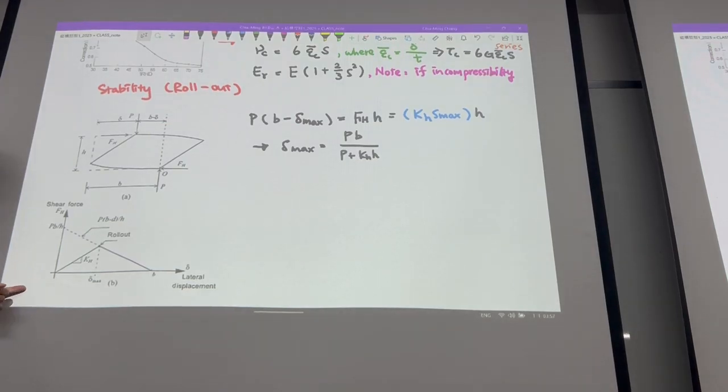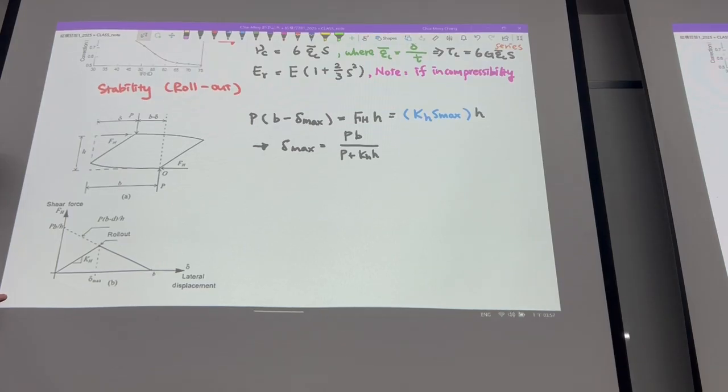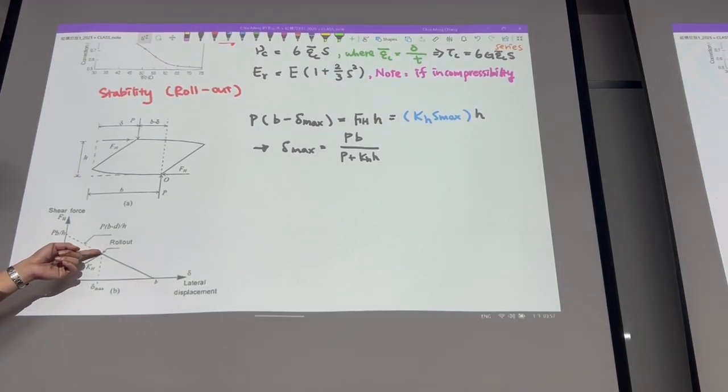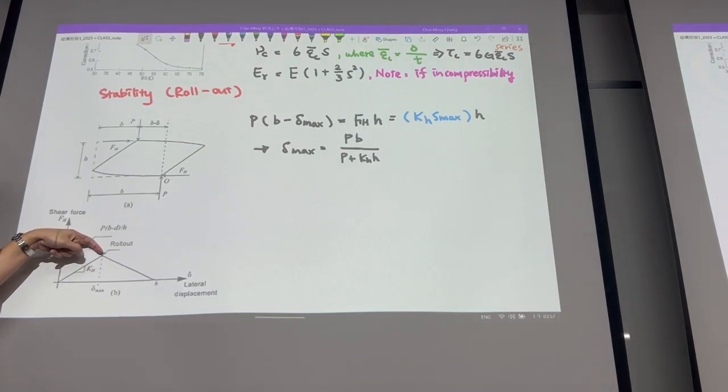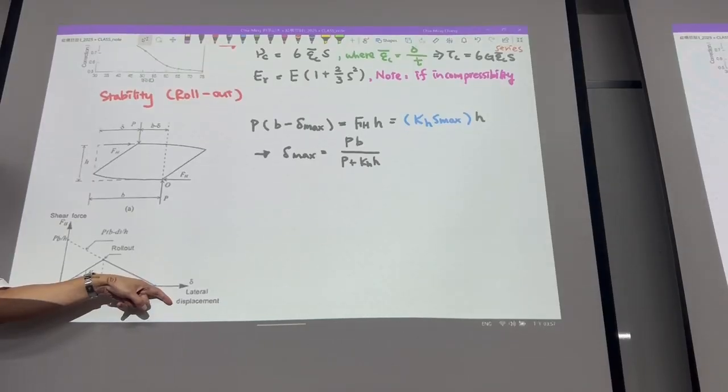So typically the idea is that this guy is lifting until the rollout point, then it will be deformed. Okay.